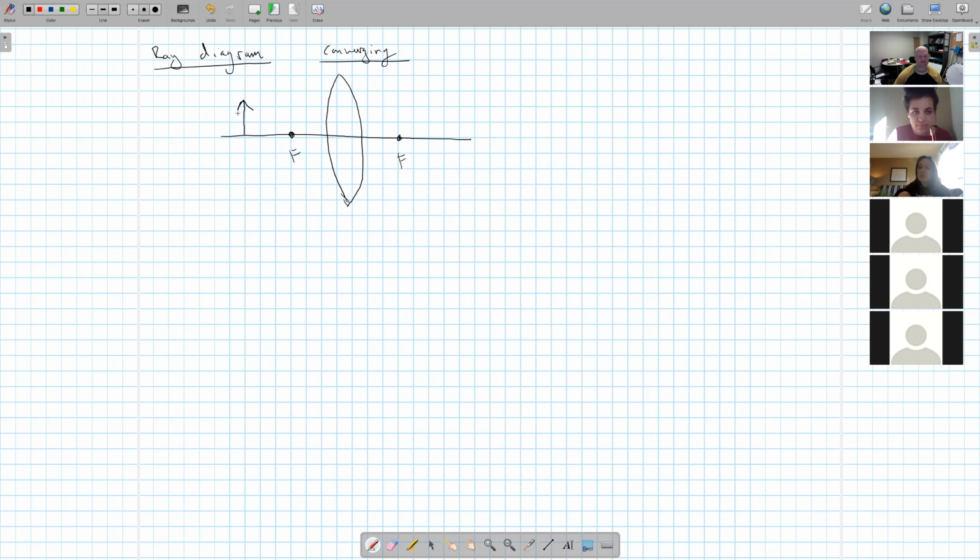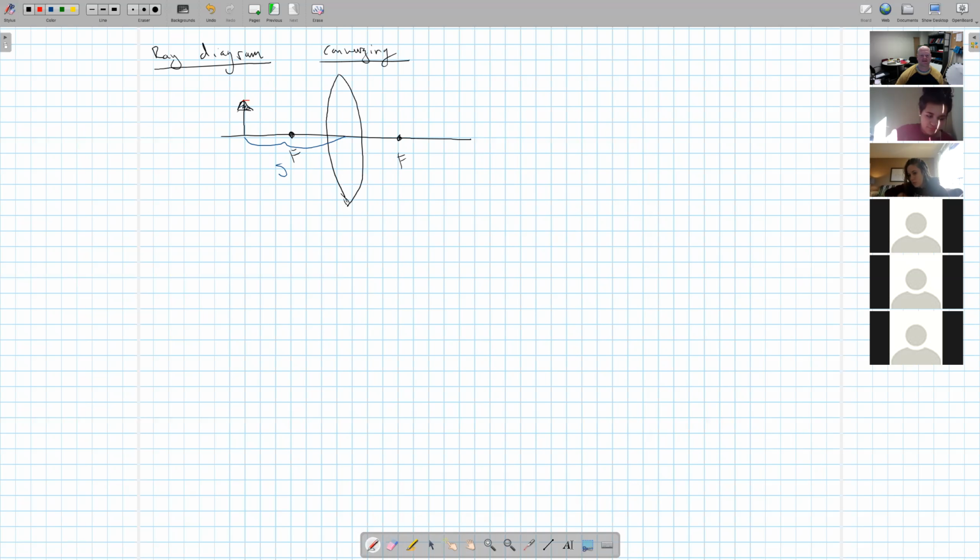So let's say here is my object. Again, we're going to have the same notation as before. I'm going to define the object distance as the distance from the center of the lens to the location of the object. So this is my object distance. This is going to work fairly similar to before.